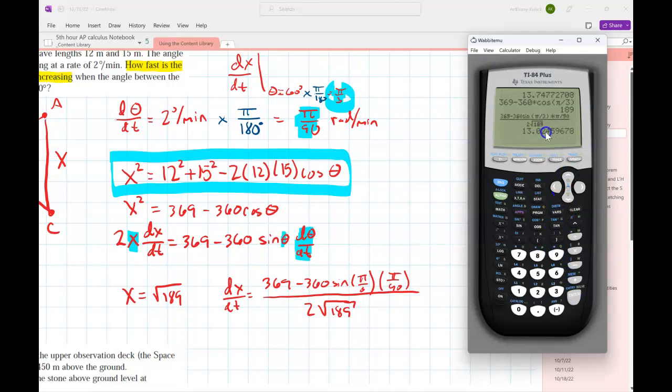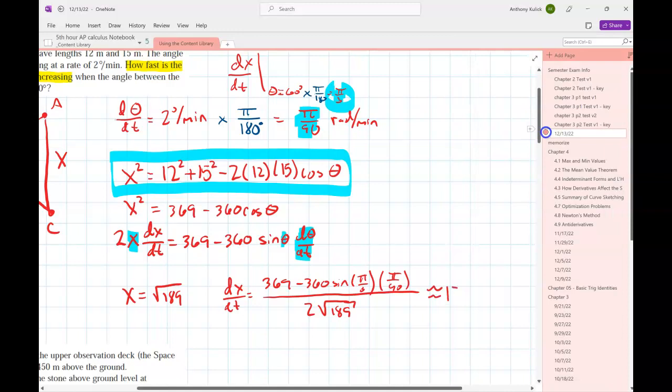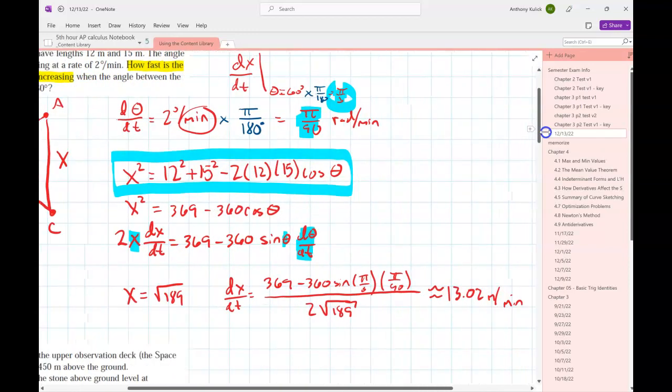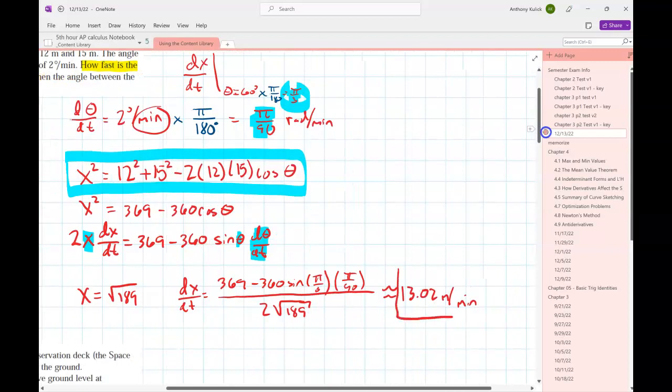So I get about 1308 or 1302 meters per minute. Again, I know the unit because my side lengths were in meters and the time unit on my rate in the problem was in minutes.